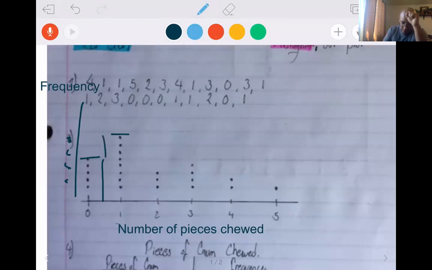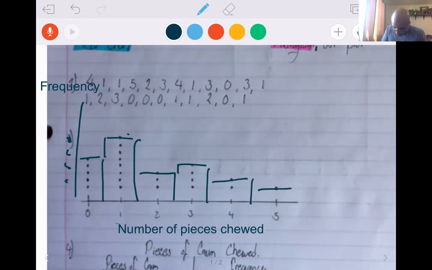So I'm going to make, I'm sorry, this is not very pretty, a bar, so to speak, that goes up to 8. And then this one goes up to 3, so I'm going to make a bar that goes up to 3. And this one was 4, so a bar that goes up to 4. This one was 2, a bar at 2, and a bar at 1.